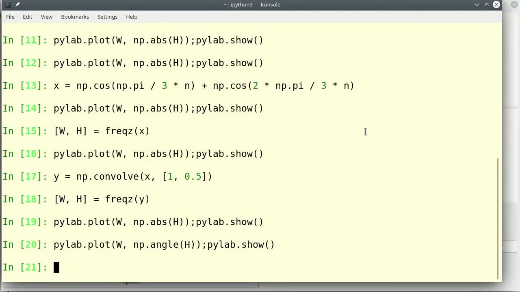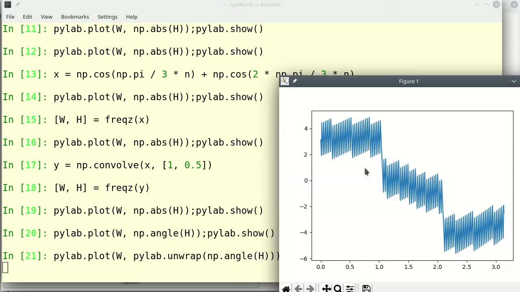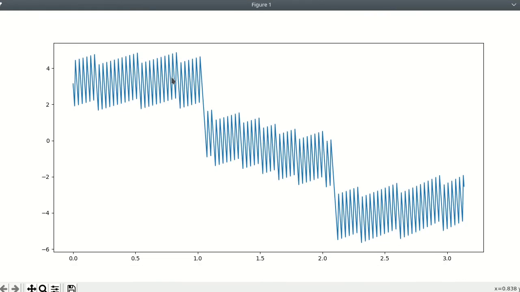So we're going to actually use a function called unwrap to view these without having those extra jumps. Yeah. So unwrapping yields the fact that the phases are not actually proportional.